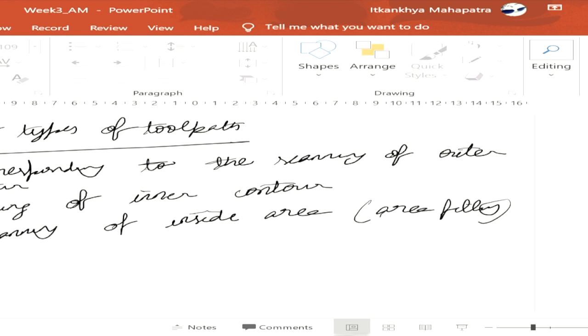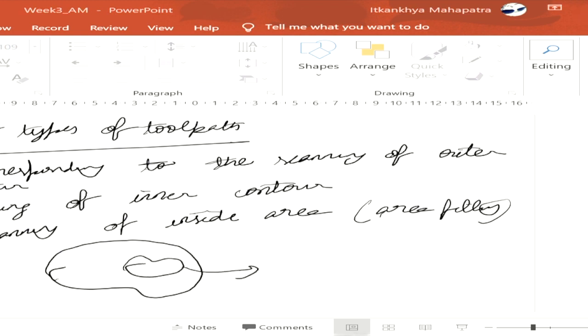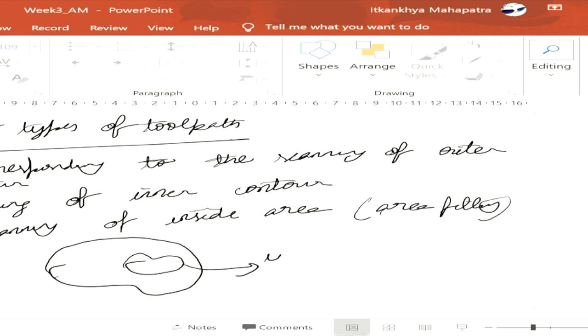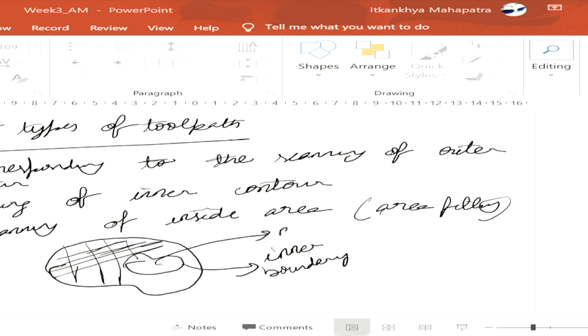Now diagrammatically, suppose we consider this as the outer boundary. Now in this outer boundary, we have again one inner boundary, and in this area we want to add material. Here we don't have any material.